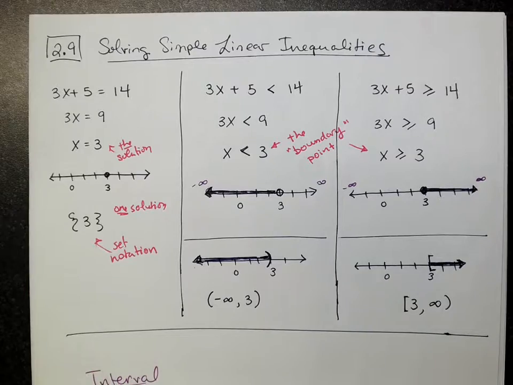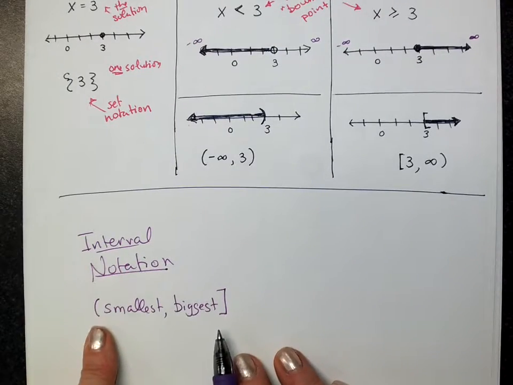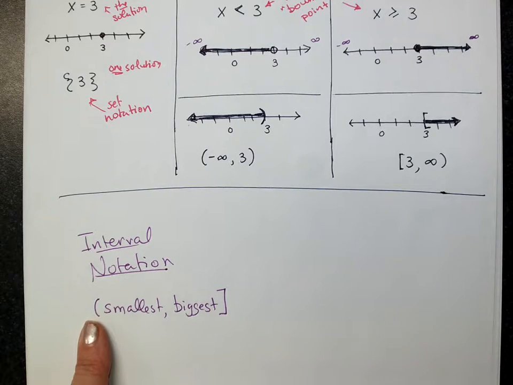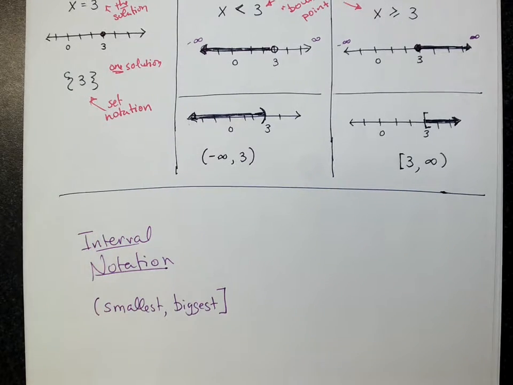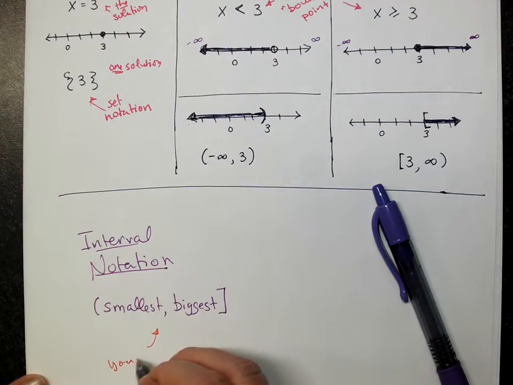And you might be using 2 parentheses or 2 brackets or a mix, so I'll just put one of each here. But the idea is with interval notation, it's smallest, biggest, and this means your solution is everything in between. It's not just a list of random integers.